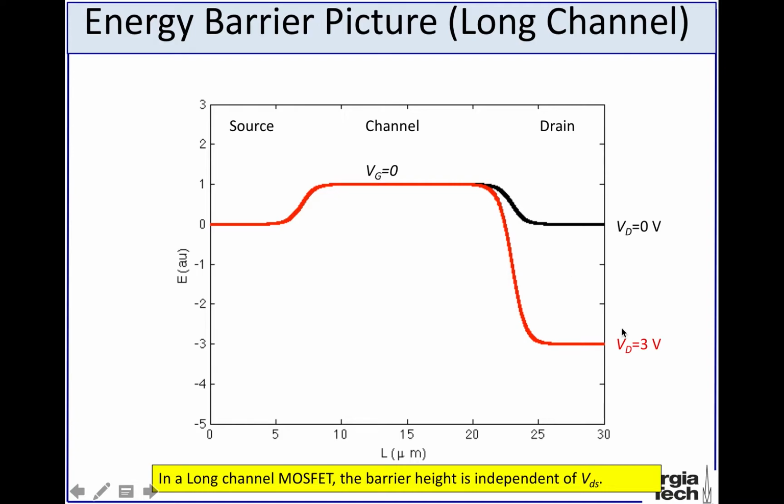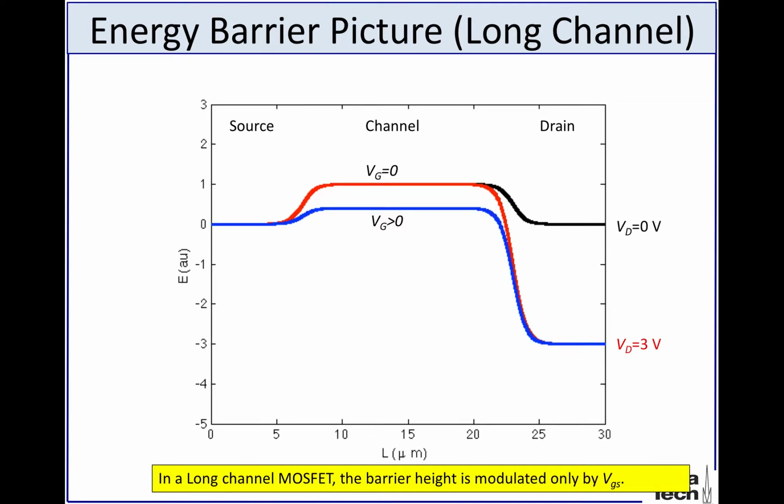As we increase the drain voltage, the conduction band edge in the drain goes down. But the important point to note here is that although we are increasing the drain voltage, the barrier from the source to the channel on this side does not change. In other words, the barrier height is independent of the drain voltage.